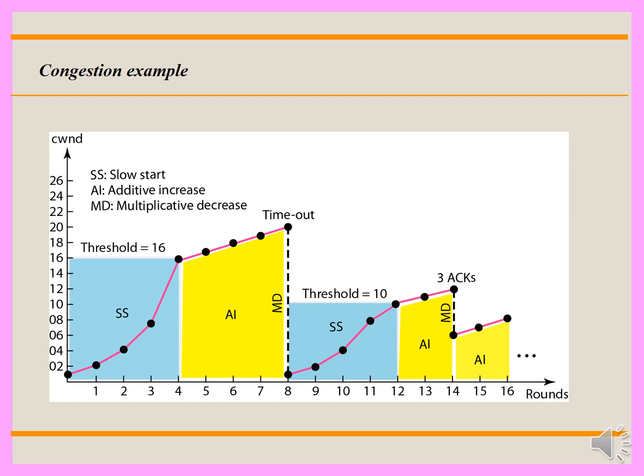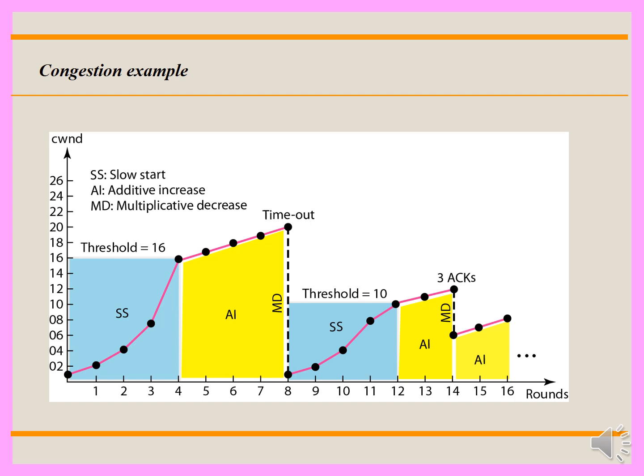After that timeout, it comes down, and the threshold is now 10. Again, because of multiplicative decrease, it has come down. Again it will start slow start with threshold 10. Then again it will receive 3 acknowledgements, and again it will come down. So that is the general mechanism.